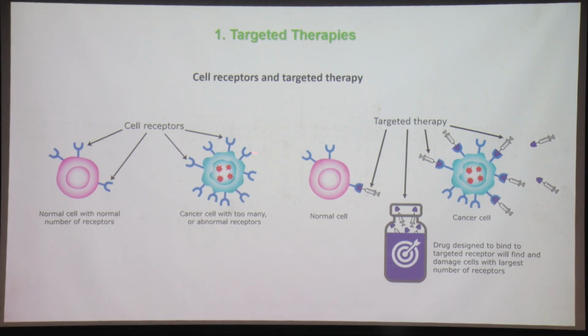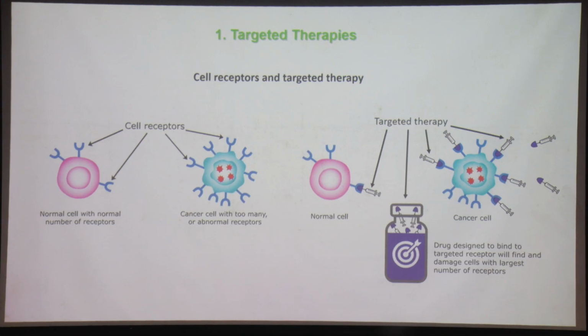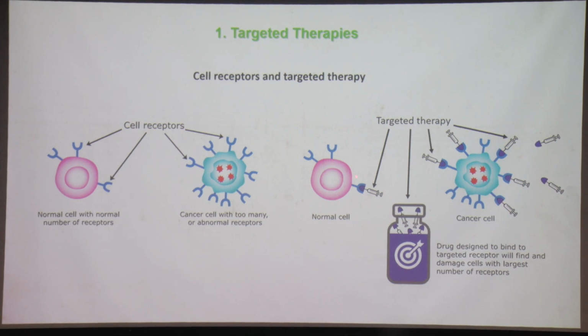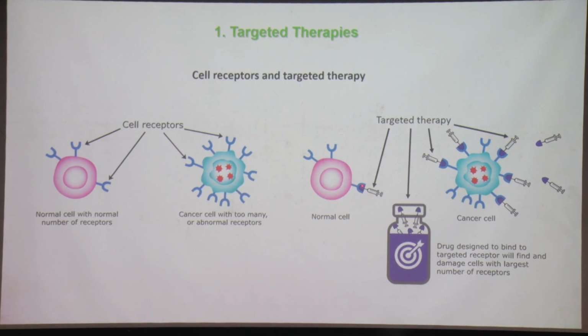So if you know this cancer has too many receptors, now what you have to do, you have to inhibit these receptors to treat the cancer, right? So you have to shut down these receptors so that they cannot bind the growth factor, and so there is no signaling.